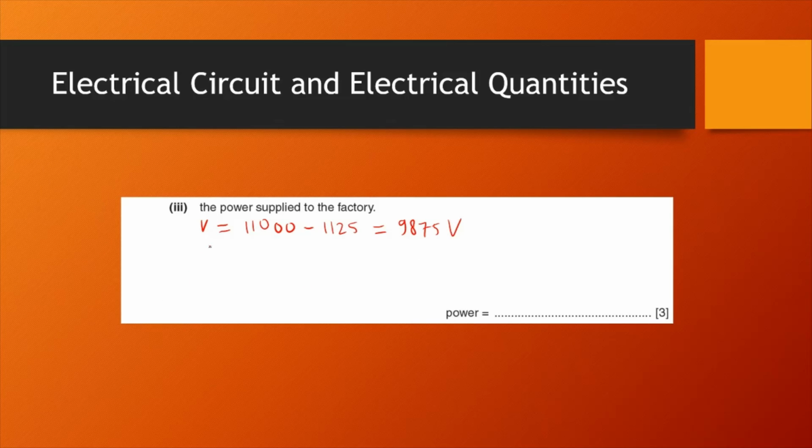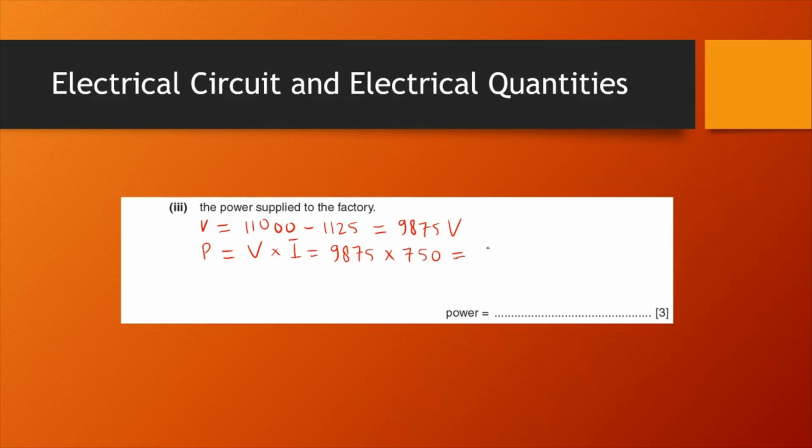Then, to calculate the power supplied, power equals the voltage supplied times the current. The voltage supplied is 9,875 times the current, which is 750. The result is quite big, so we have to consider the number of significant figures used in the problem.